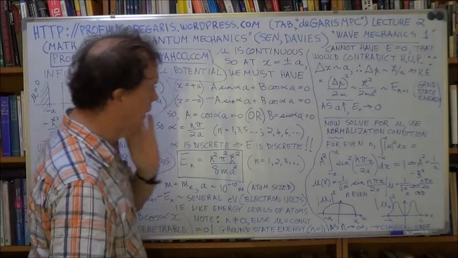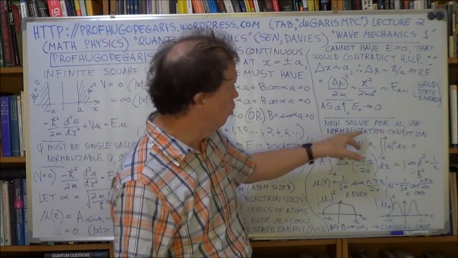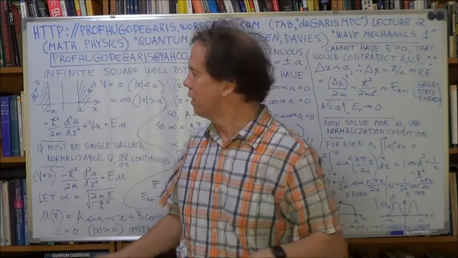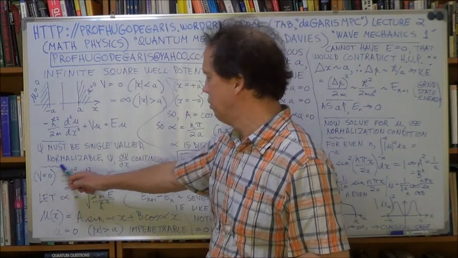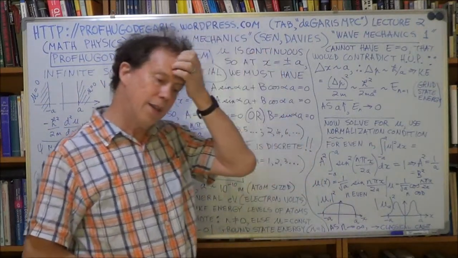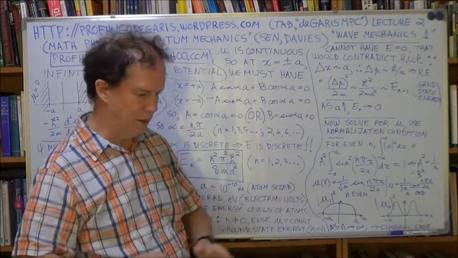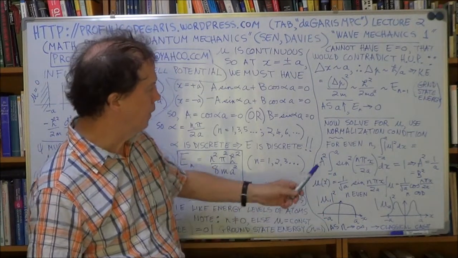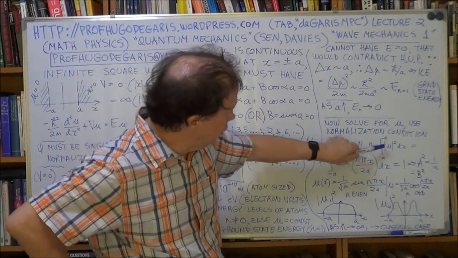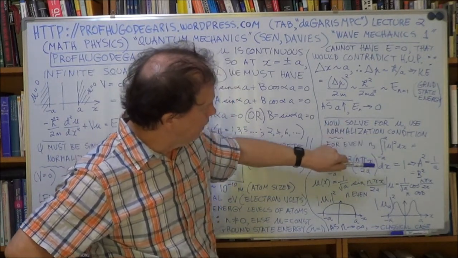Now remember, we can impose the normalization condition. That's one of the constraints. Normalizable: you integrate the square over the whole space you're talking about, and that needs to be 1, right? Well, u is 0 outside the region of A.